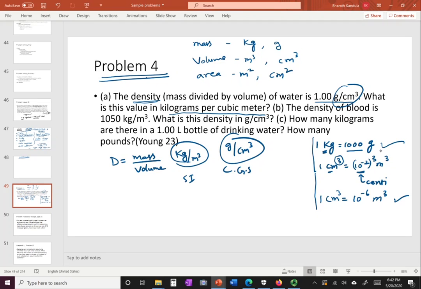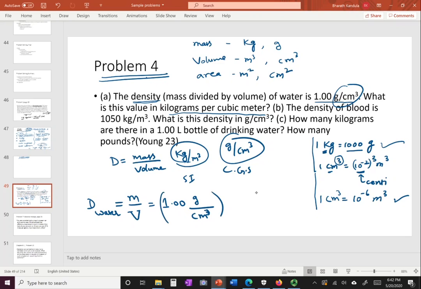Using these two conversion factors, you can easily solve this problem. You don't have to memorize all the conversion factors, they are in your formula sheet anyway. But you need to understand how to do the conversions. So let's write down. Density of water is equal to mass by volume. We use uppercase V to indicate volume. So this is equal to the given 1.00 gram per cubic centimeter.